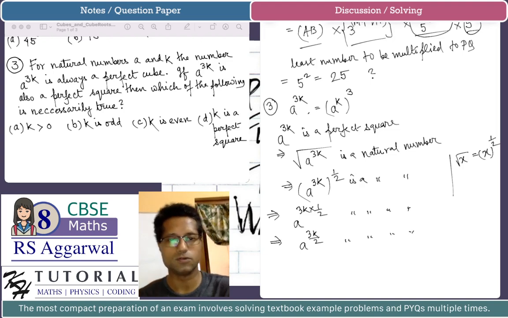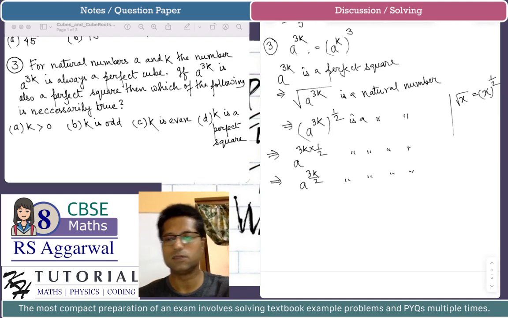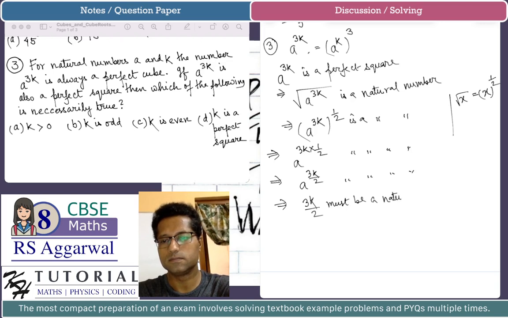All the choices are some condition about k. Now, if a to the power 3k by 2 has to be a natural number, this will imply that the power 3k by 2 must be a natural number.